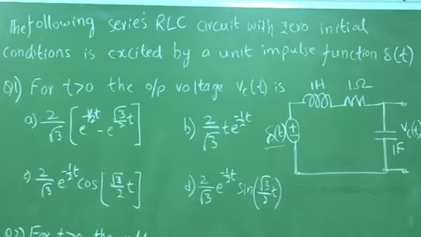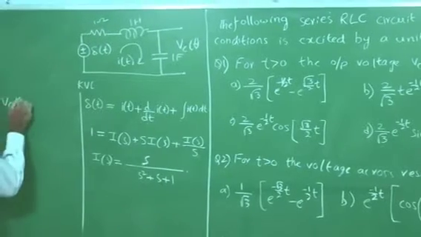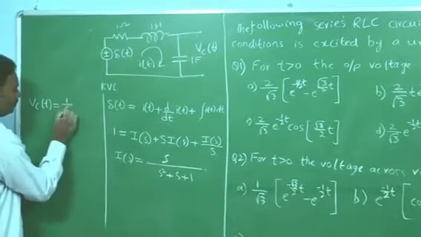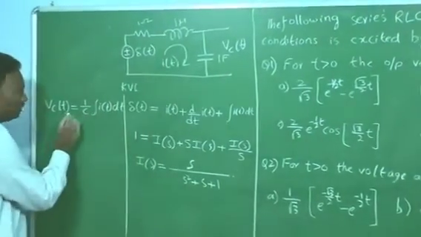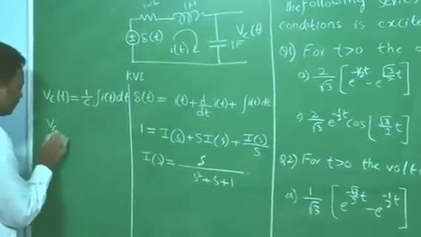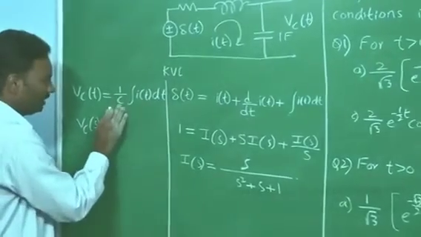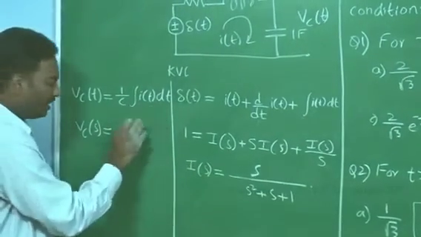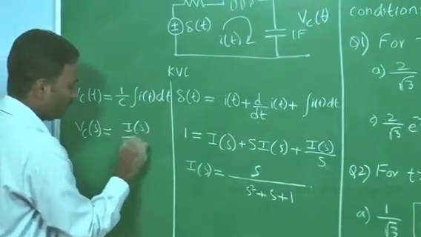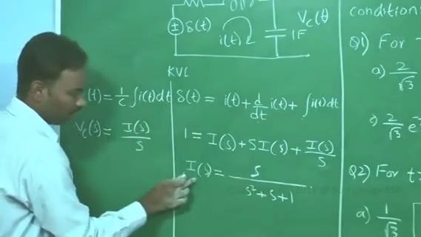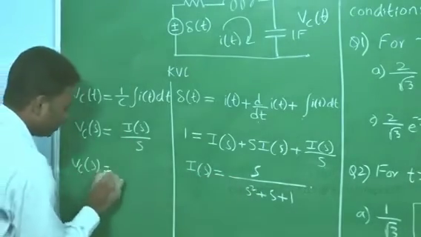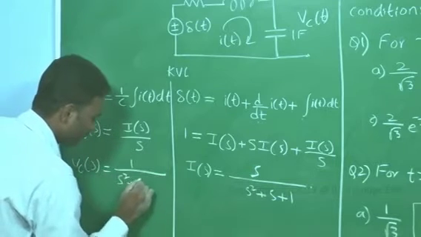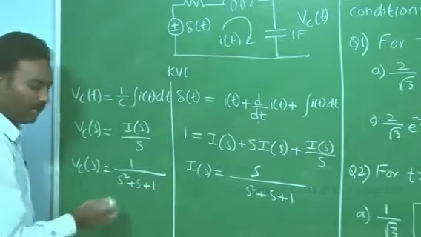The first question is to find the voltage Vc(t) across the capacitor. We know that Vc(t) is 1/C times the integral of i(t) dt. Here C is 1. Taking the Laplace transform, Vc(s) equals I(s)/s. As we know I(s) is s/(s² + s + 1), we can write Vc(s) as 1/(s² + s + 1).